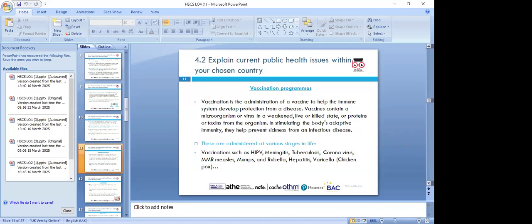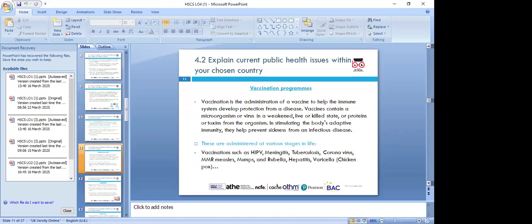Now, vaccination programs. Vaccination is the administration of a vaccine to help the immune system develop protection from a disease. Vaccines contain a microorganism or virus in a weakened or killed state, or proteins or toxins from the organism, stimulating the body's adaptive immunity.